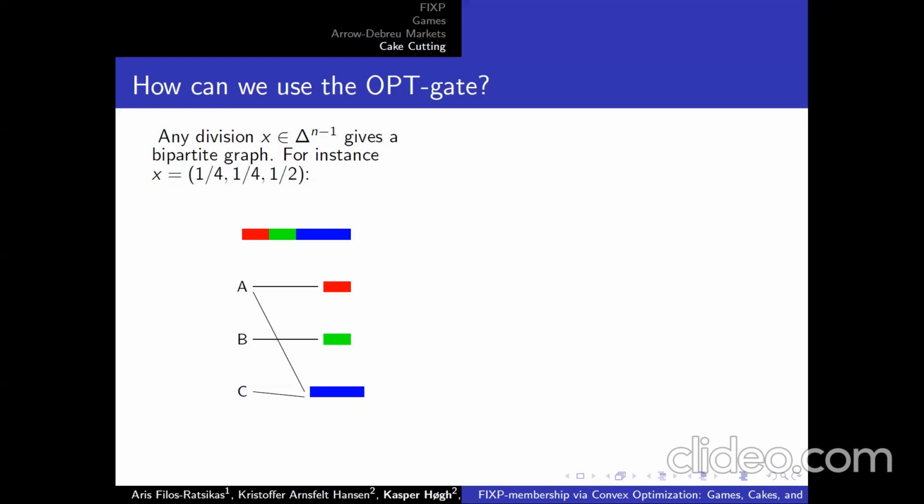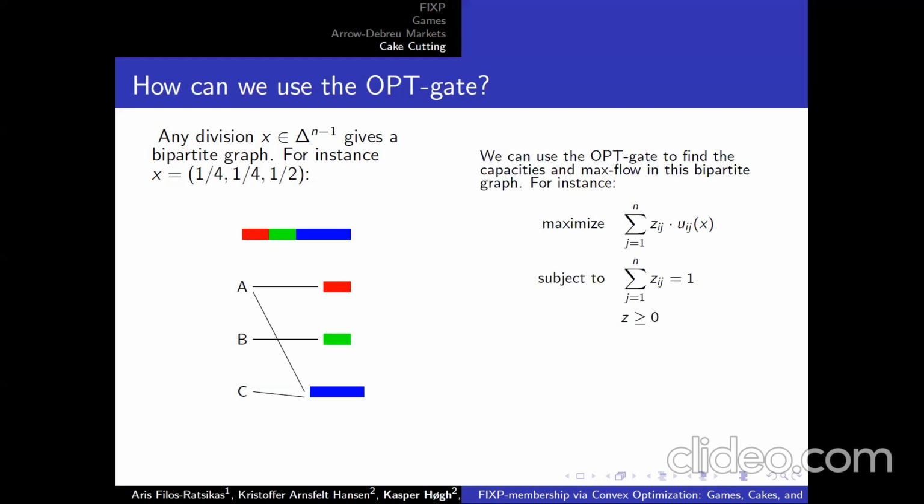And then what's the main point? The main point is that this division is envy-free if and only if there's a perfect matching in this bipartite graph. So how can we use our circuit to check if there's a perfect matching? Basically we define a circuit whose input consists of a division. Then it consists of the capacities of all these edges. So we consider the complete graph, and then we have some capacities on each of the edges.